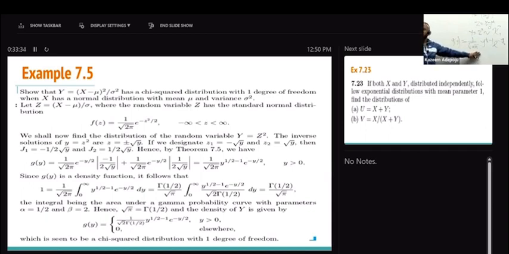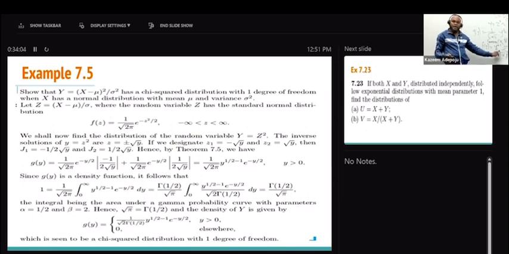How do we know whether this distribution is a chi-square or not? Okay, let's take a look at this. If I have a gamma with parameters alpha and beta, it's going to be f of y equals y raised to the power alpha minus 1, exponential raised to the power y over beta, divided by this and this.